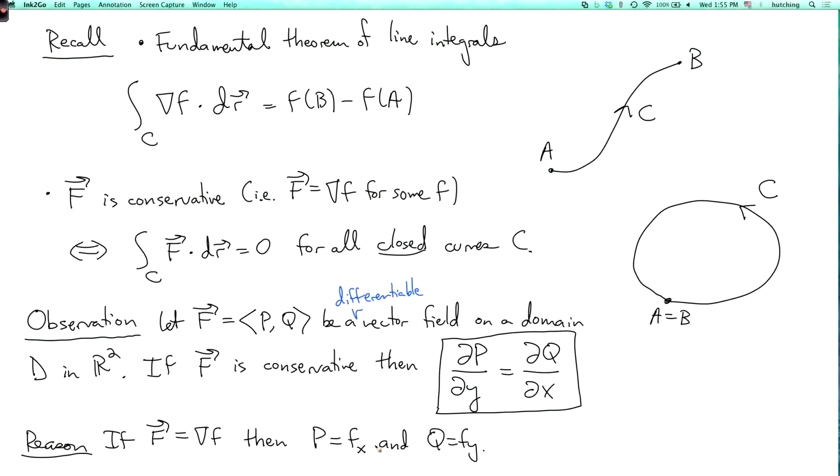Well, that's f_xy. So the left-hand side here is f_xy. And what's the right-hand side? Well, dQ/dx is f_yx. And we know that these are equal by Clairaut's theorem.